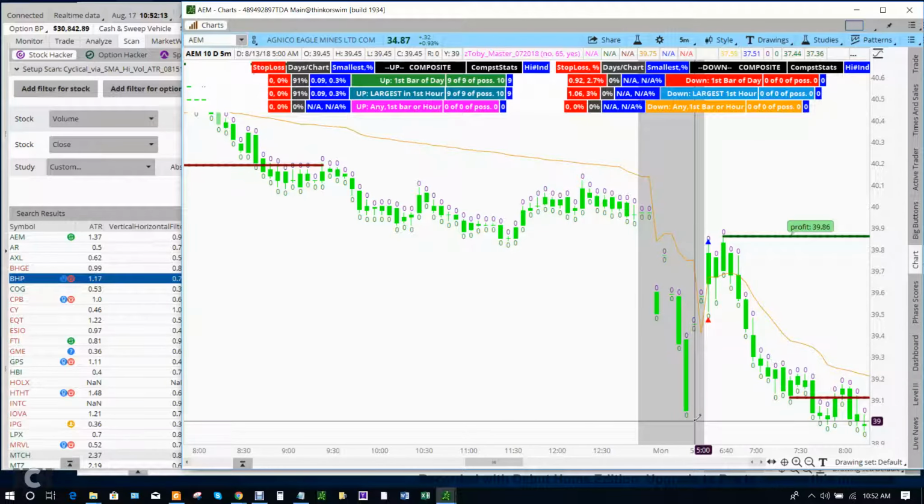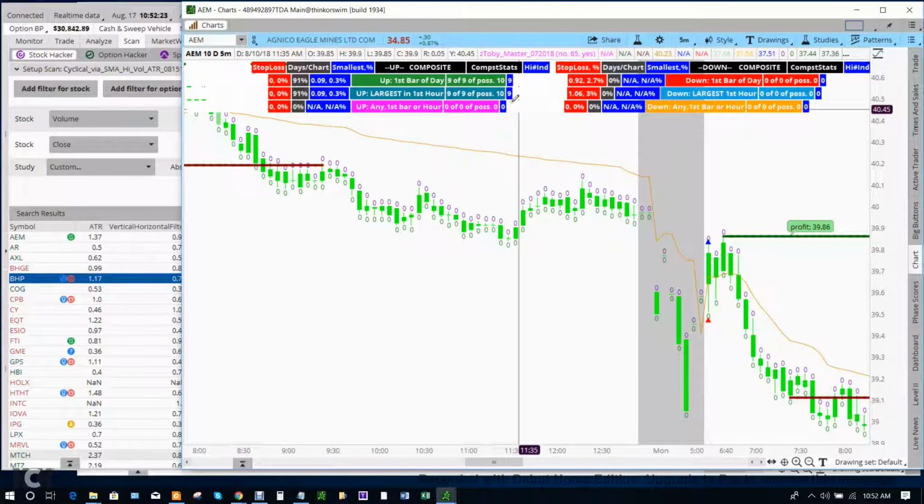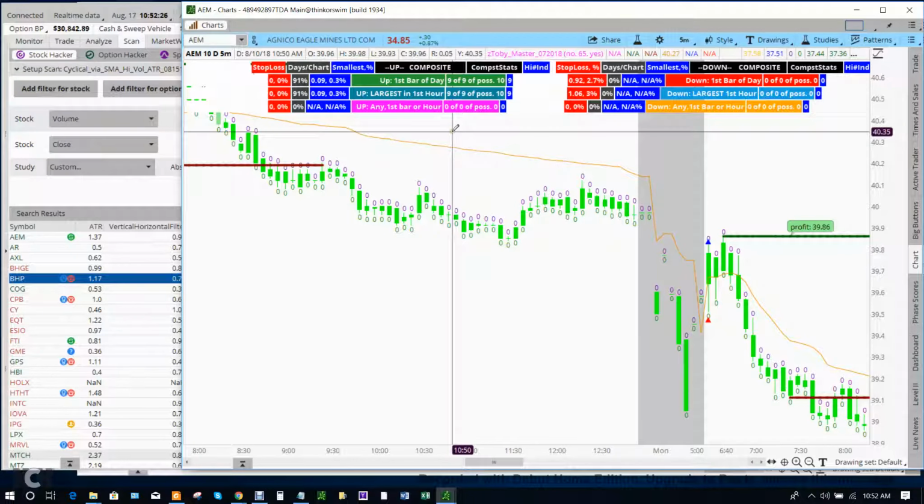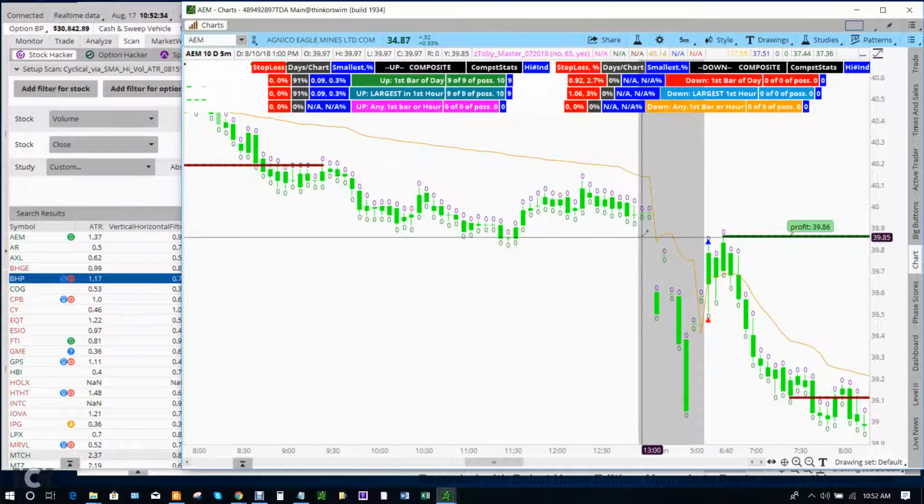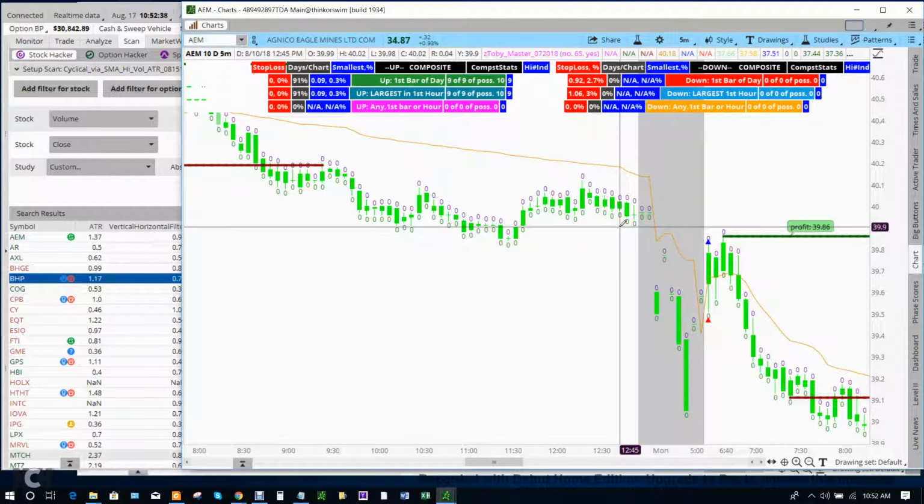So it's really bad. So that's why you want to have your things here. Anyways, I guess you could make a case that shorting would be better.